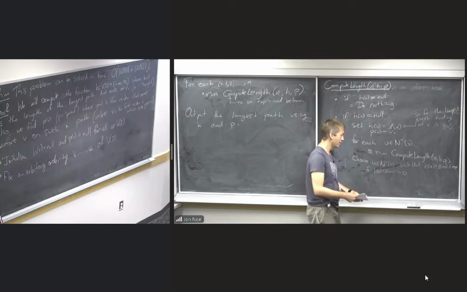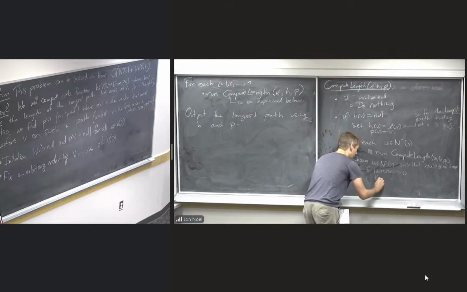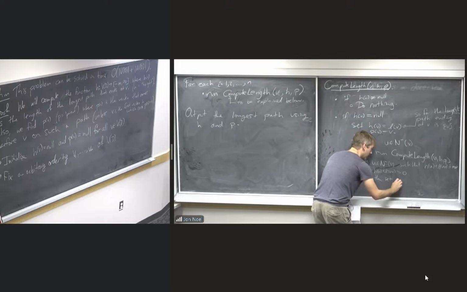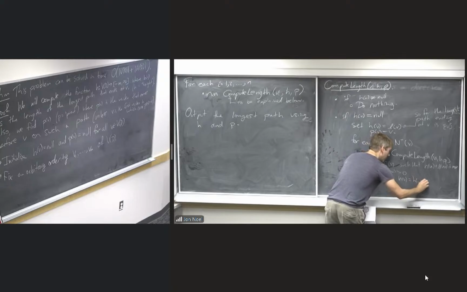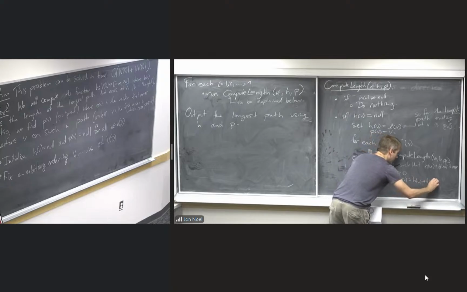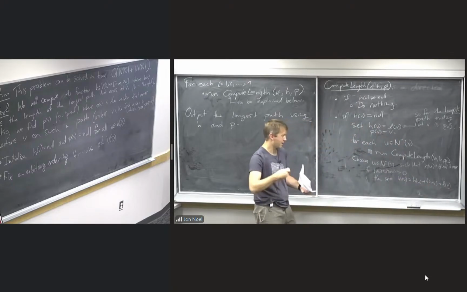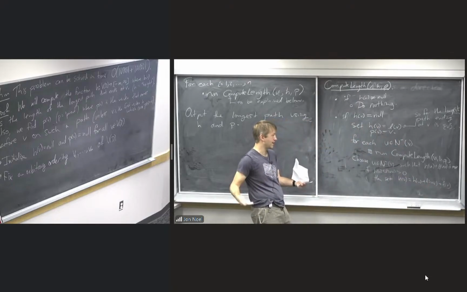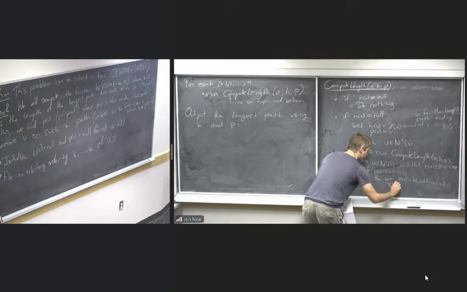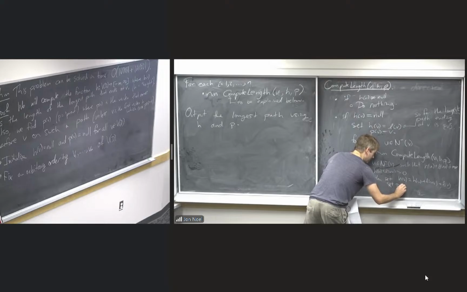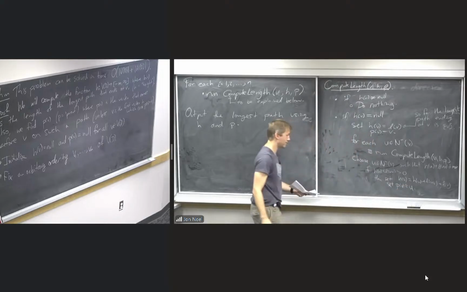So yeah, then set the height of v to be equal to H of u plus L of uv plus L of v, which is the length of the longest path that goes through an in neighbor of v, and set P of v equal to u.